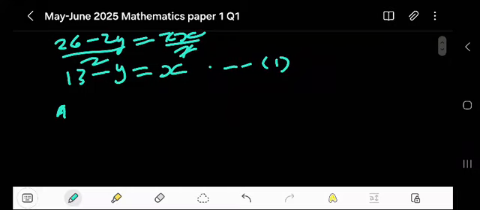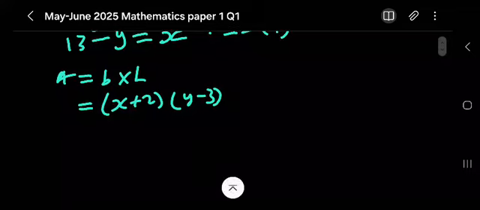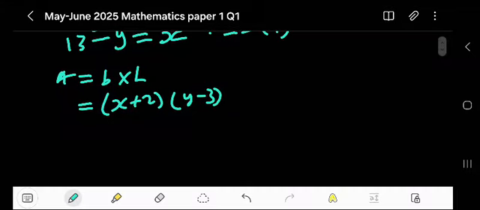Now we can go to area. We know that the area is base multiplied by height. Then we have our base. We can say our base is x plus 2. Then we can say the height is y minus 3. As you've been given, then what is the area? It was 32. We've been given the area to be 32. Then here we have 32. All right.